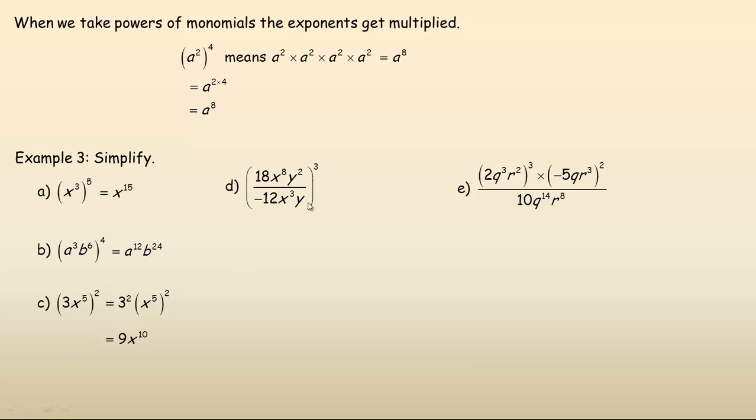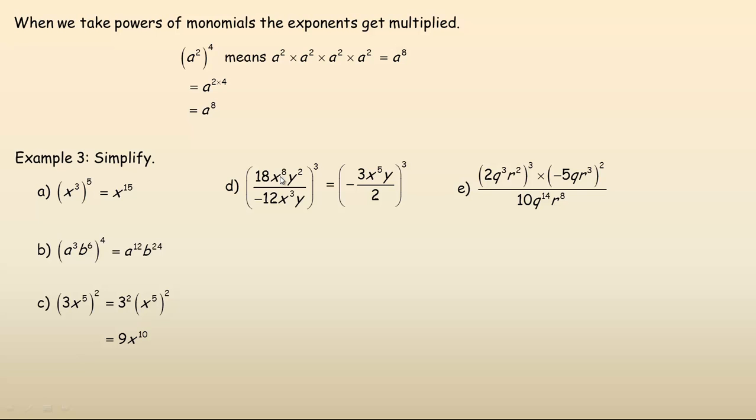Now for d, we're cubing this, and it's a good idea if you recognize that you can simplify what's in here first and then cube it. Make it simpler and then do the power of 3. So 18 over negative 12, I could divide 6 into both of those. 6 goes into 18 3 times, and 6 goes into 12 twice, and there's a single negative. I'm just going to put it in the middle here.